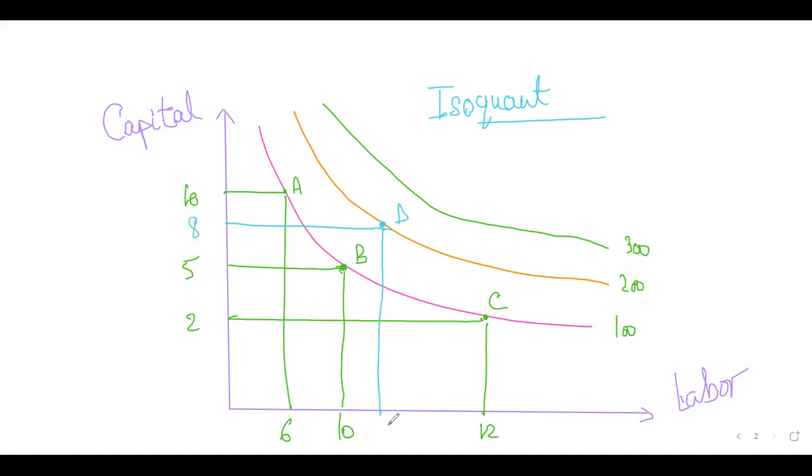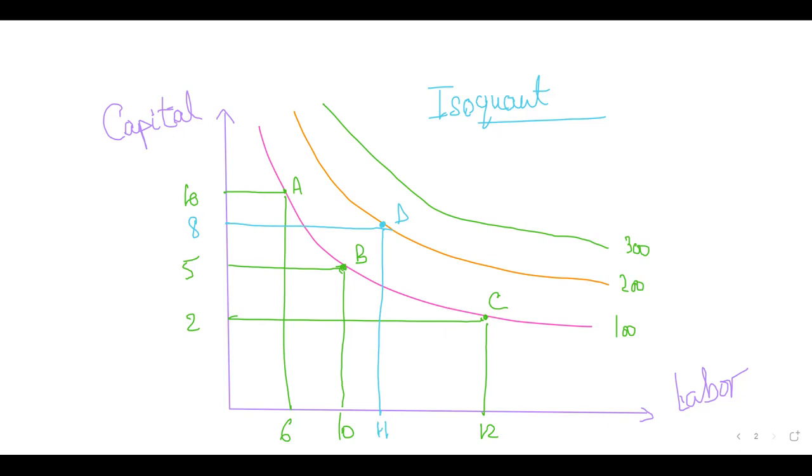Students, are you following me? Because it is on a higher isoquant, which means that you are producing more units of output. How many of you are clear on this?